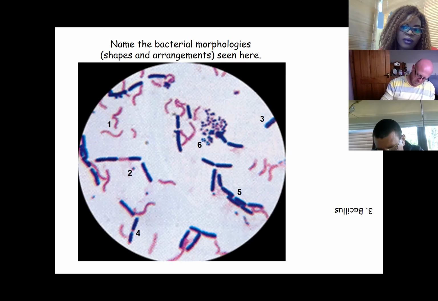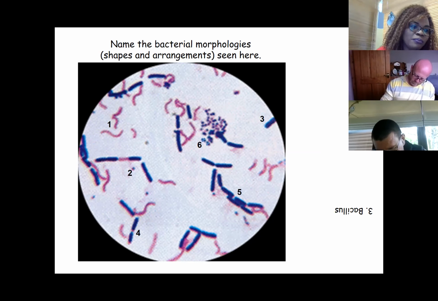Okay, and what else do we have? Number 5. Look at number 5 clearly. It looks different as well. It looks like bacillus all joined together. Exactly. So it's called streptobacillus. Like you have streptococcus, yeah?